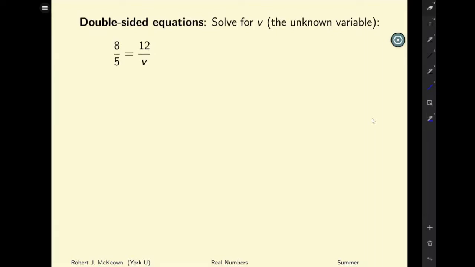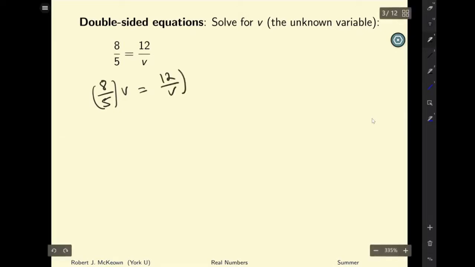So let's see what happens when we do that. I've got 8 over 5 times v, and I'm going to multiply v by both sides of the equation. So I've got 12 over v here multiplied by v.